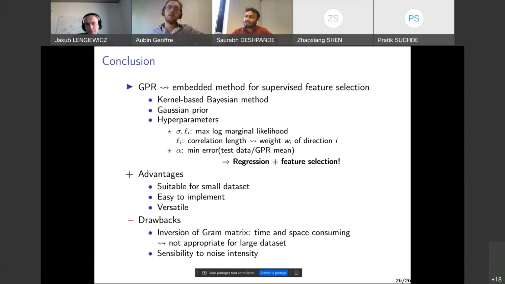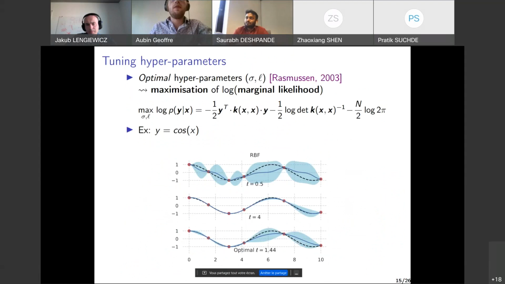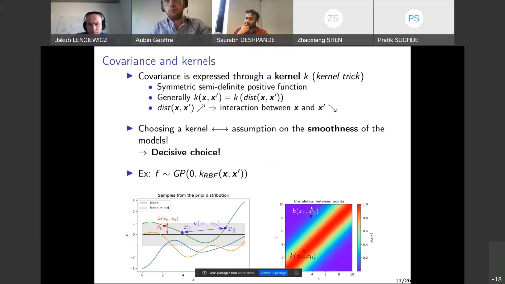As I said, the technique is not really appropriate for large datasets because if you take, for example, the tuning of parameters or the mean prediction, this basically relies on the inversion of this matrix. And this matrix is not sparse because, as you can see here, especially in the anisotropic case, you don't have zero terms.